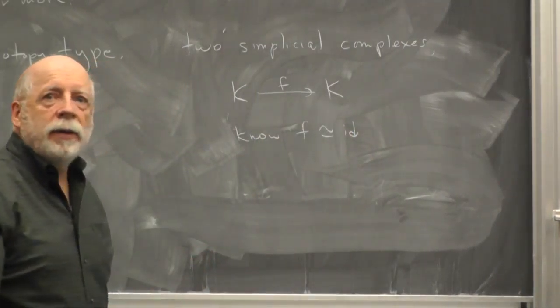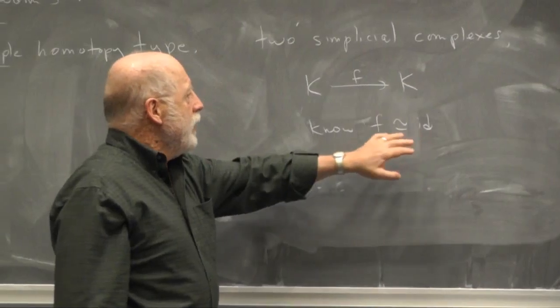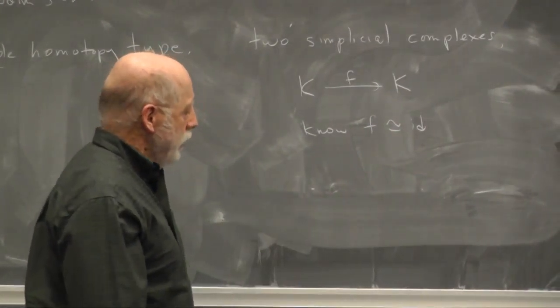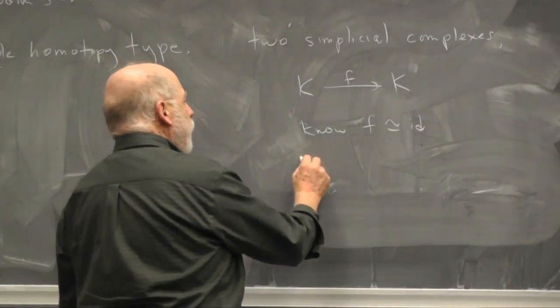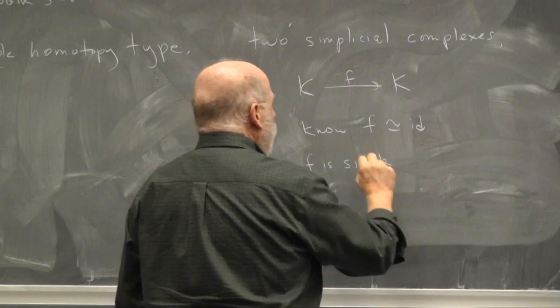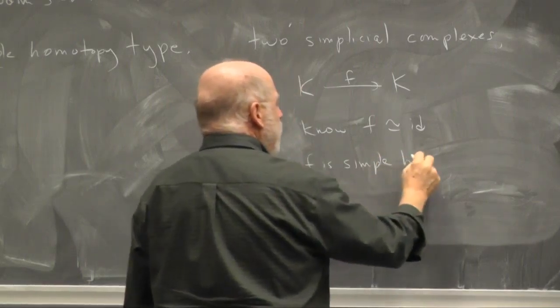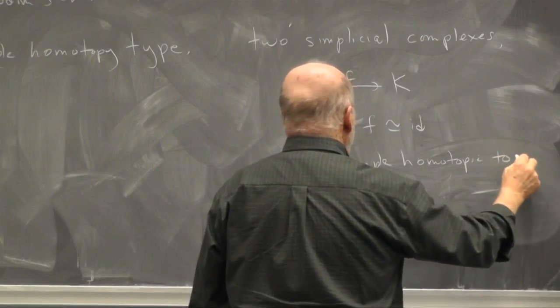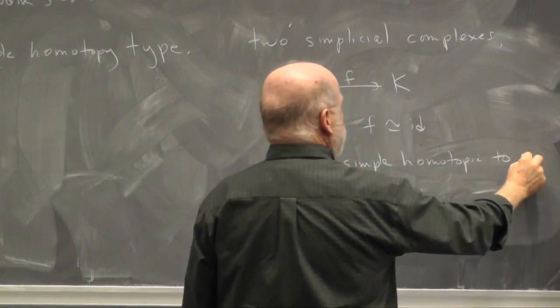The identity map, which of course is simplicial. But F is simple homotopic, SHE, to the identity.